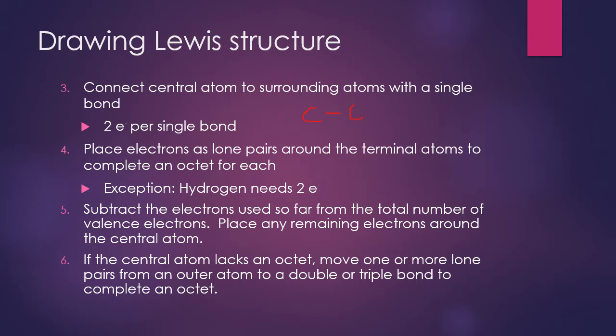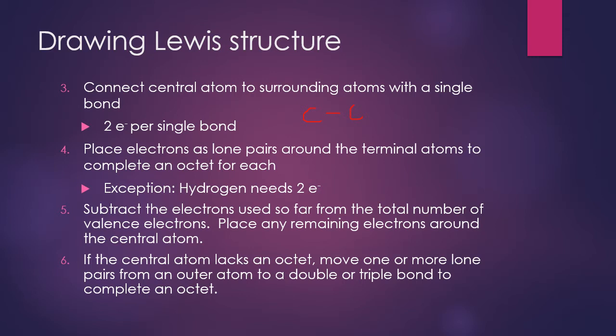What we're trying to do is make sure that every atom in that structure is happy. And how do we know if it's happy? If it has a full octet, if it has 8 electrons, if it has that noble gas shell configuration. So our goal is to try to get 8 electrons around every element, with the exception of hydrogen.